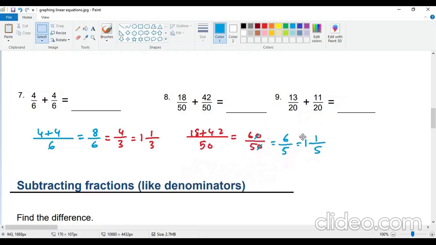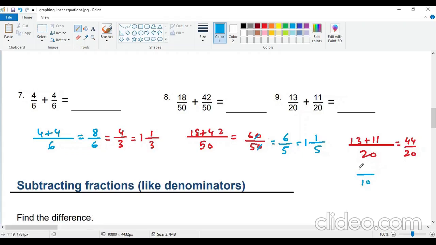Anyways, for the last question of this part, you will write 20 just once, and 13 plus 11 you write this way, and this is going to give us 44 over 20, and final answer is going to be, because both the numbers are divisible by 2, so you write 10 and 22.